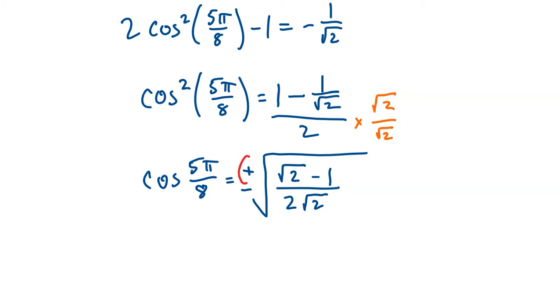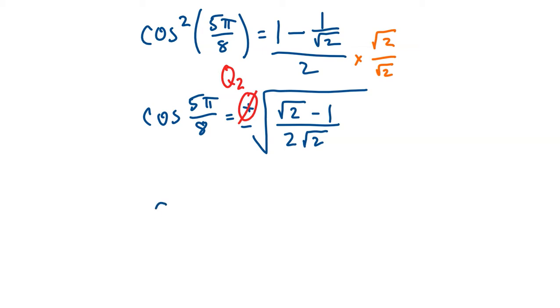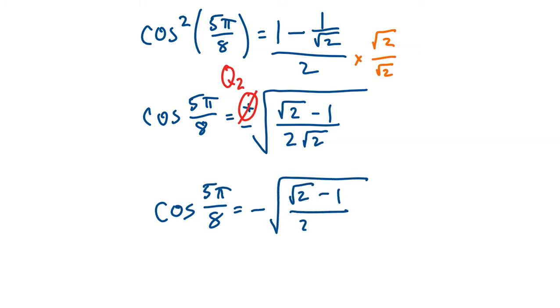Cosine is negative in quadrant 2, so remember the expectation was you circle and cross out and state the quadrant. You have to state the quadrant as well. So cos of 5 pi by 8 equals negative square root of root 2 minus 1 over 2 root 2.